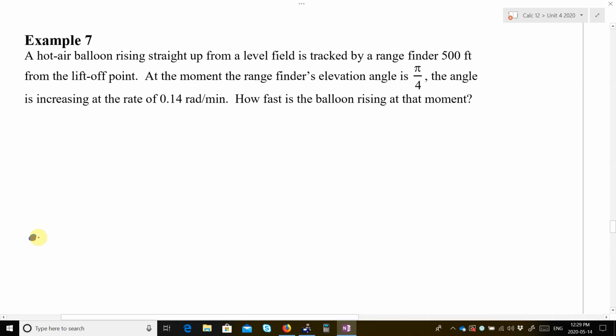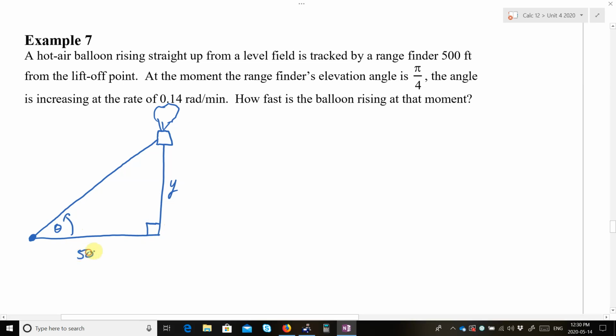Okay, so we've got this rangefinder, hot air balloon. And we have this angle theta, we could call it, changing. There's our 90 degrees. There's the height of the hot air balloon, which is changing. We do know that this is 500 feet away, though.